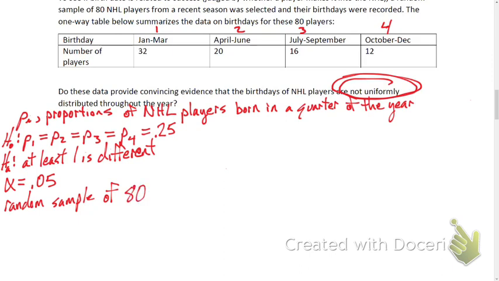Something that I think is difficult with the GOF test is you have to calculate the expected values, and you just have so much on your mind in the big test, it's hard to remember all these little things. So each expected is equal, because we're assuming equal, right? 80 times 0.25, so 20.